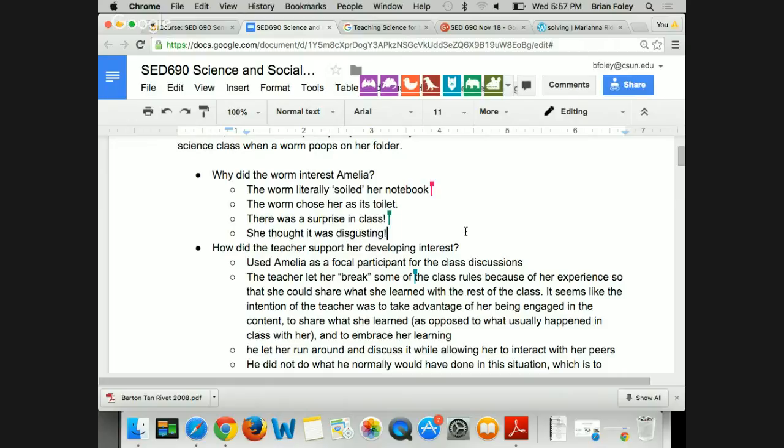And so this was totally unplanned by the teacher, right? So what happens? Somebody just quickly tell us the story here. What happens with Amelia? So the worm, they were touching the worm and stuff, right? And the worm pooped on her notebook, and she screams out that the worm pooped on her notebook several times. And she goes to tell the teacher, and the teacher is like, "Yes, the worm pooped in your notebook."